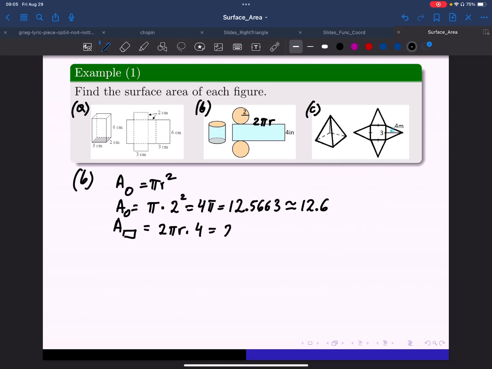So we have 2 times pi times 2 times 4. So this gives me 2 times 2 is 4, times 4 is 16 times pi. Use the pi button, 16 times pi, and we should get 50.265, which is approximately 50.3.